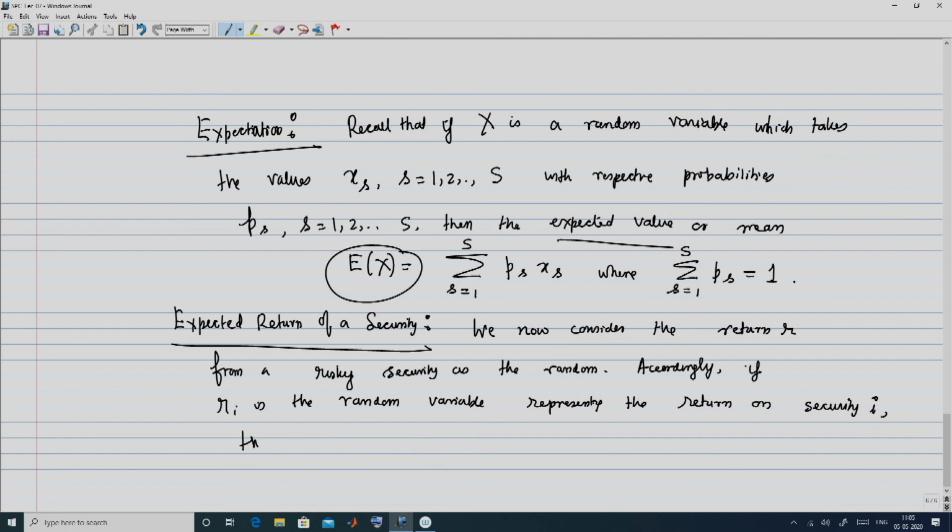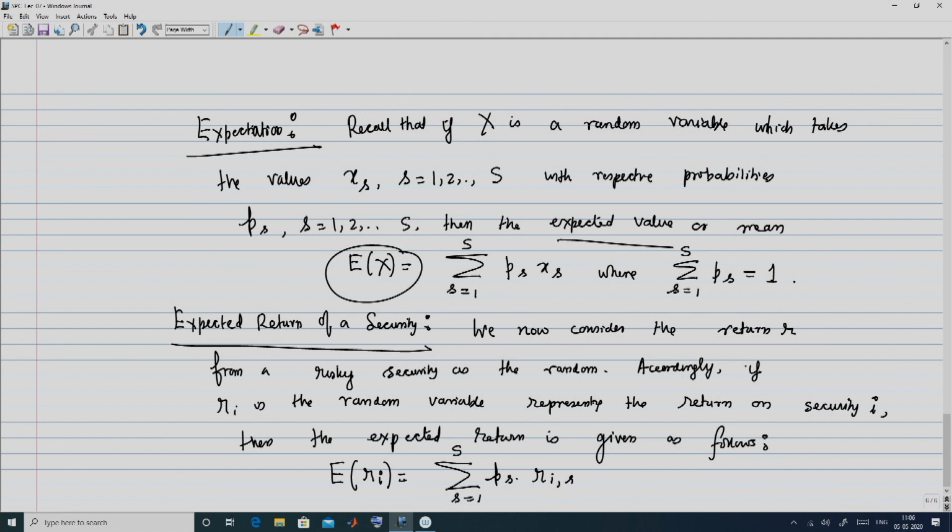Then the expected return is given as follows, and this is given by the expectation of the random variable Ri for the ith security. This will be given by the summation of p subscript s, s equal to 1 to capital S, into R i comma s.